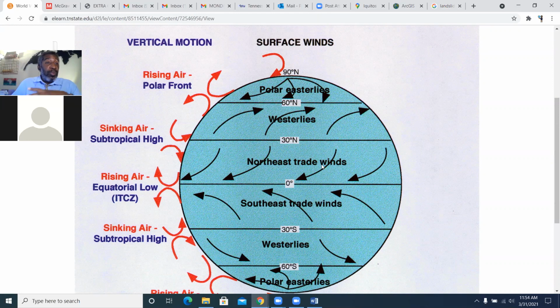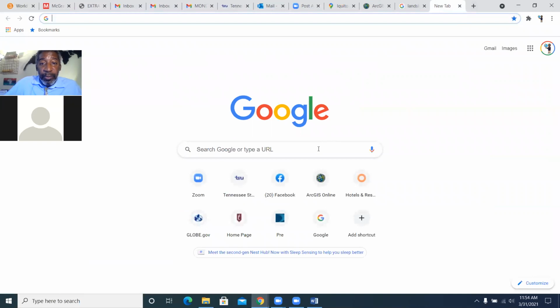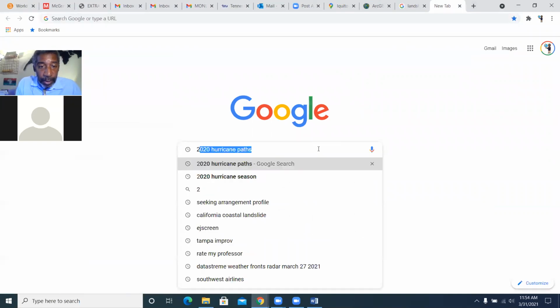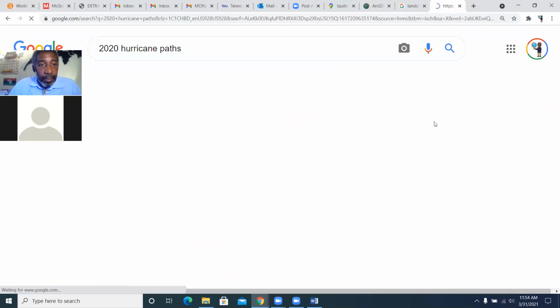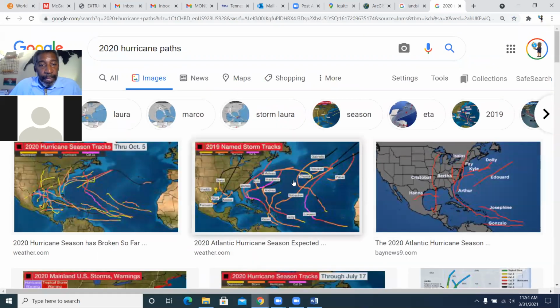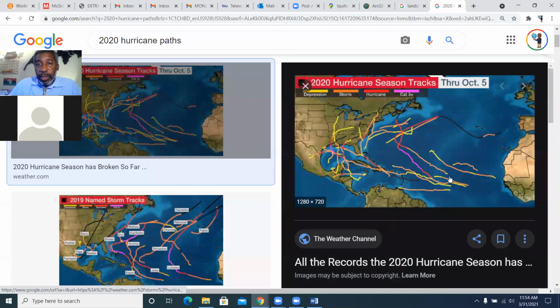Hurricanes ride trade winds from east to west. And if we go back to the 2021 hurricane season, you'll notice that the 2020 hurricane season was a record-breaking season, more hurricanes than we'd ever seen before.